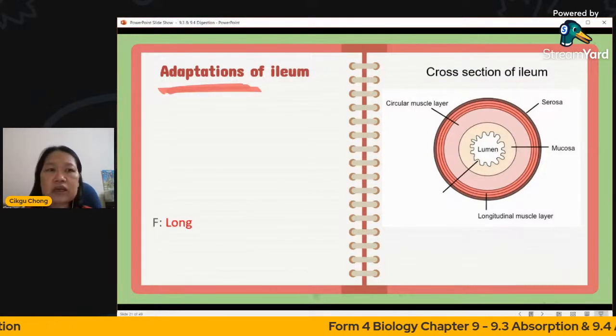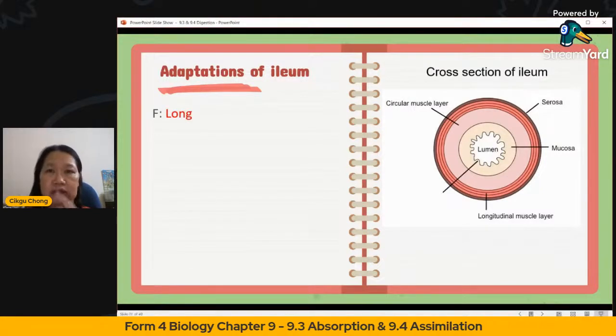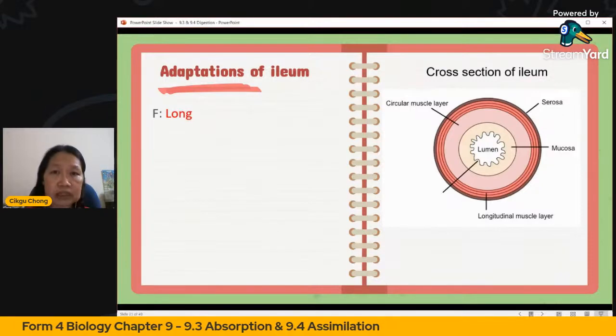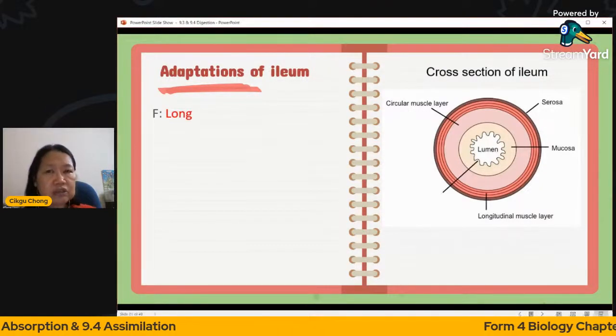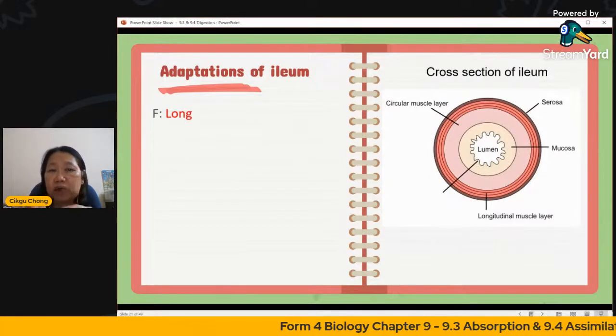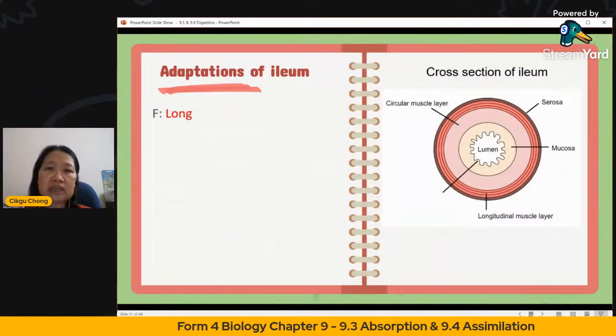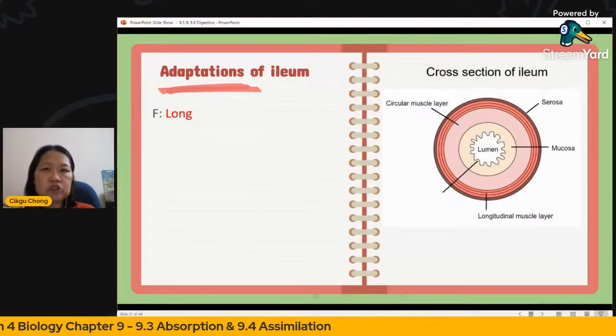So the feature. Number one, the ileum is very long. It is a few meters long. By having it structured long, how does it help? When the structure is long, it gives additional chances for the substance to be absorbed.